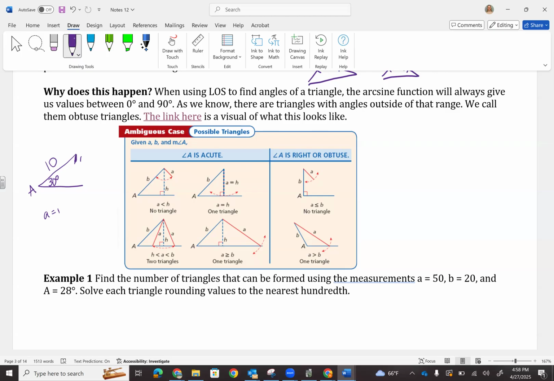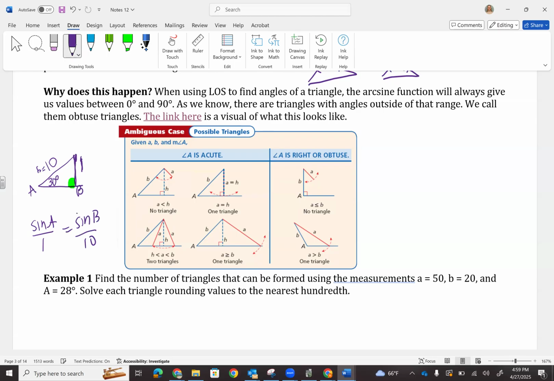The way that that would manifest itself would be, even if you do it like this, you're like, oh, it's 1. The first angle you would try to find would be this angle here. So if you did the law of sines with this triangle, say we call this side B, we call this angle B. You would have the sine of A over the length of side A, which is 1, would equal the sine of B over 10.